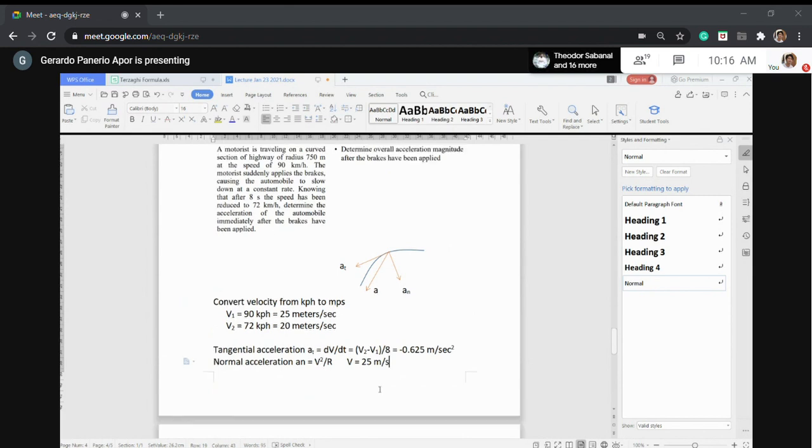So, you use 25. You will have a_n equal to 25 squared divided by 750.